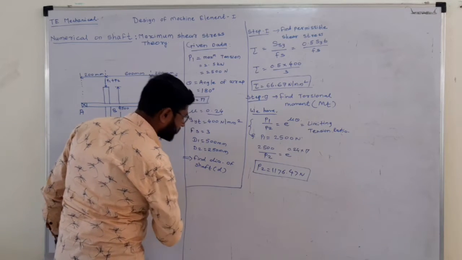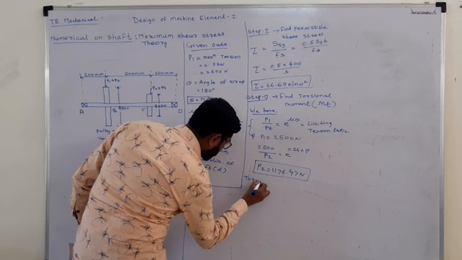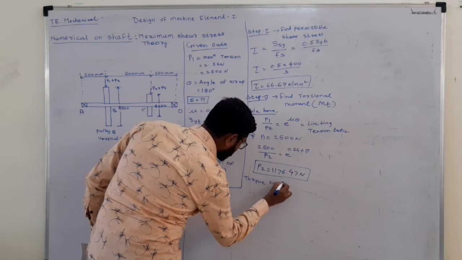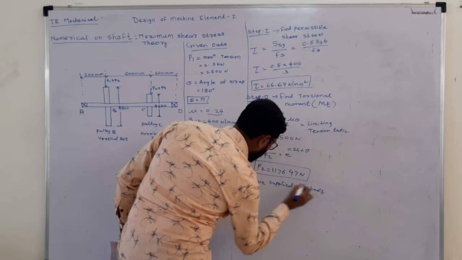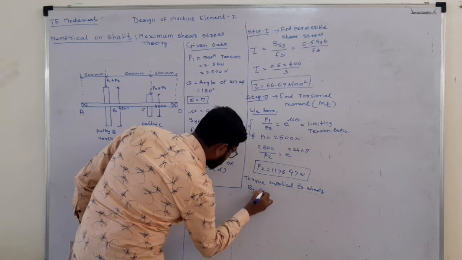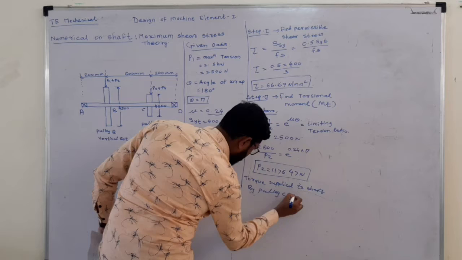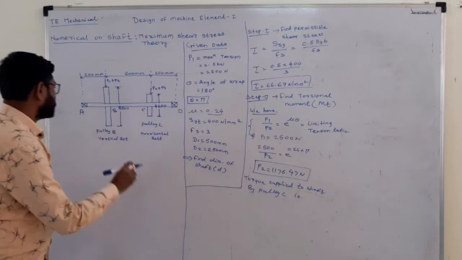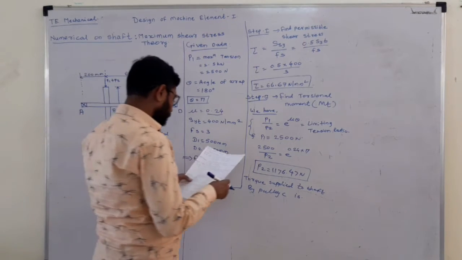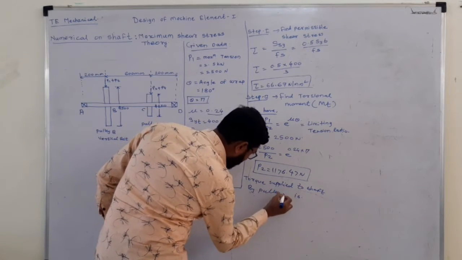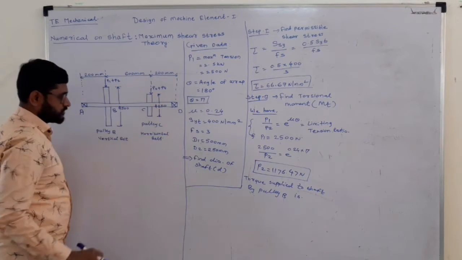Next step is again the torque supplied to the shaft by pulley C and by pulley B. Here we take pulley B, because pulley B is the bigger pulley and C is the smaller pulley.